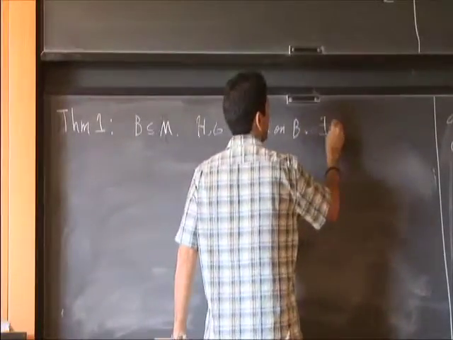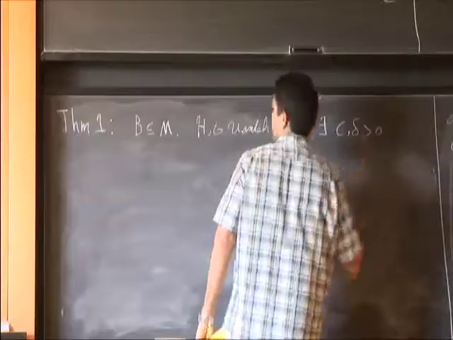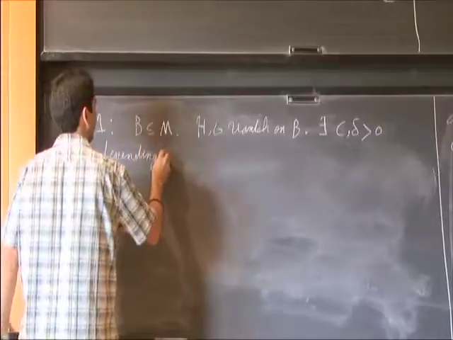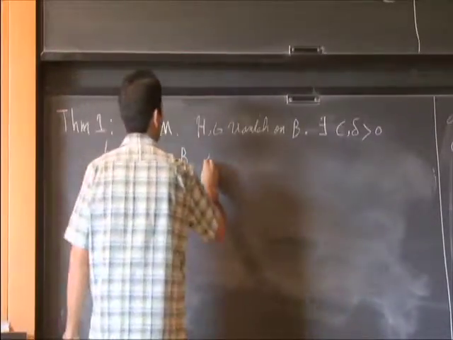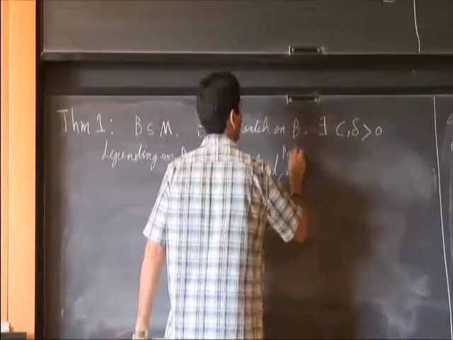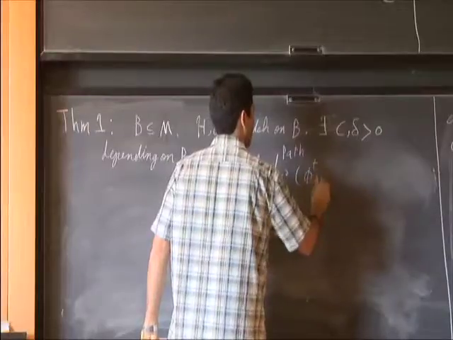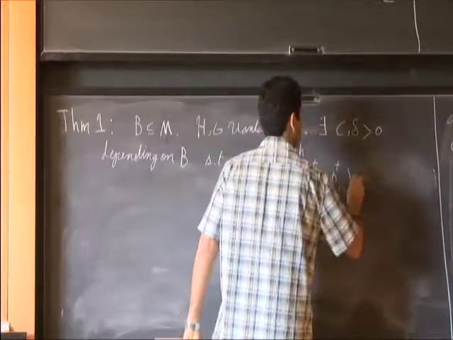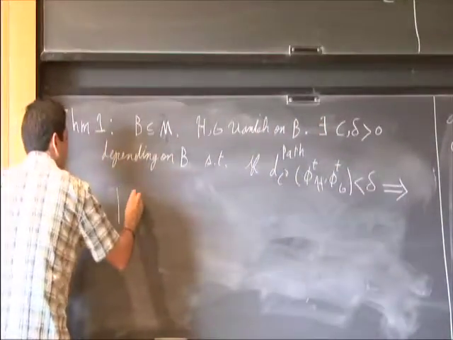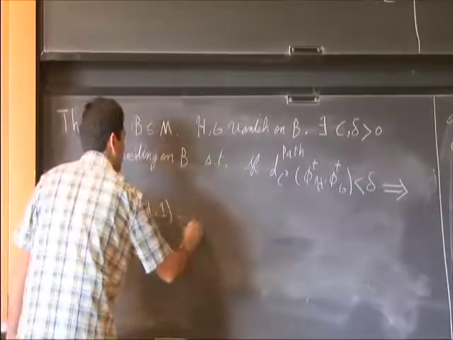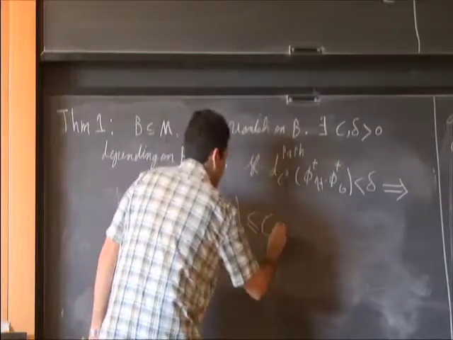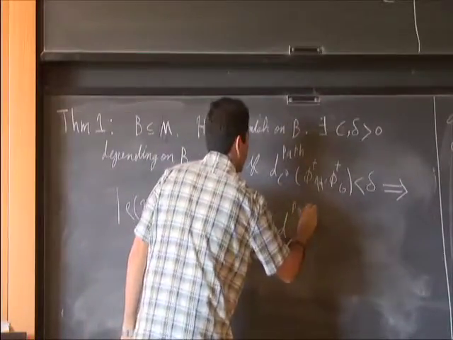Then there exist positive constants C and delta, which both depend on the ball B, such that if the C0 distance between the flow of H and the flow of G is less than delta, then the difference between rho of H and rho of G is less than the constant C times the C0 distance between the paths.